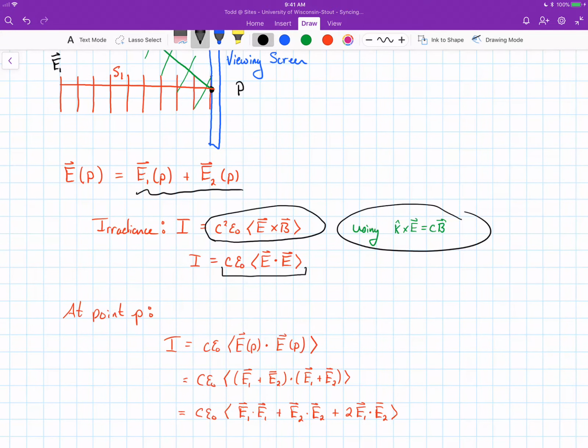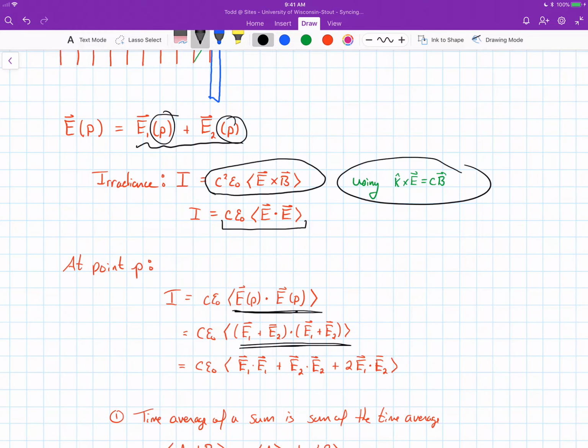So at point P, we take the sum of those two electric fields, E1 and E2. I've dropped the notation indicating that these are at point P, but just remember that these electric fields are being calculated at point P. When we take the dot product of these two terms, this is what we get for our result.